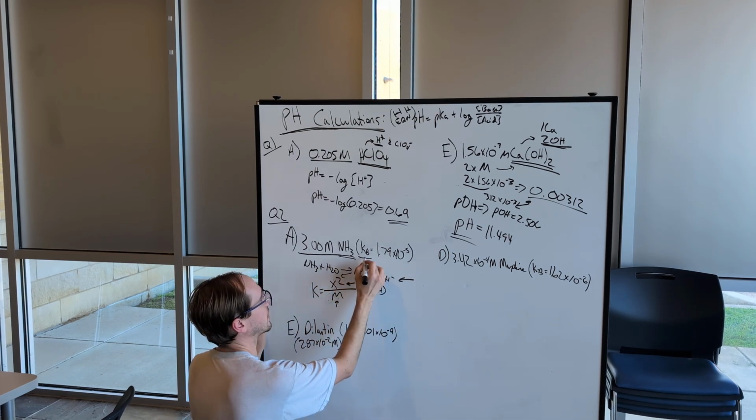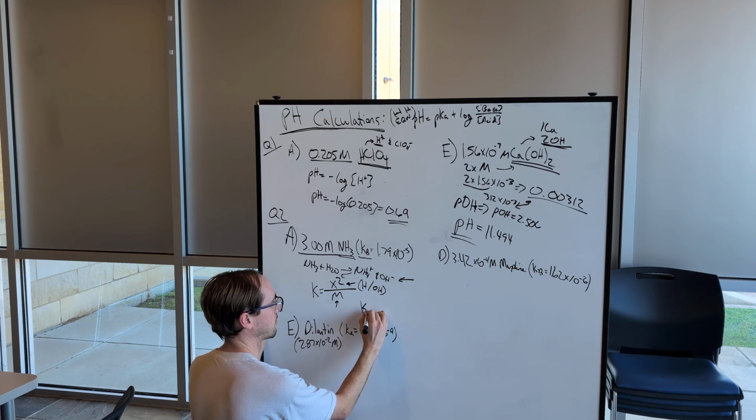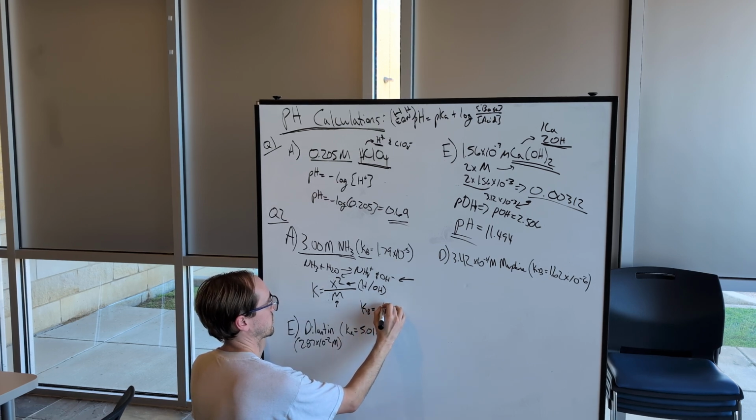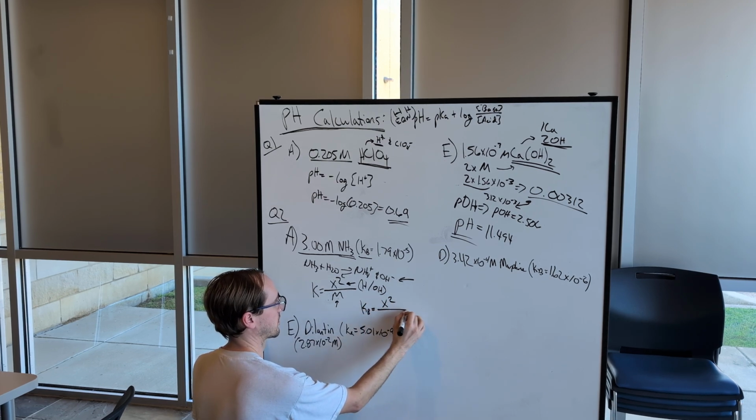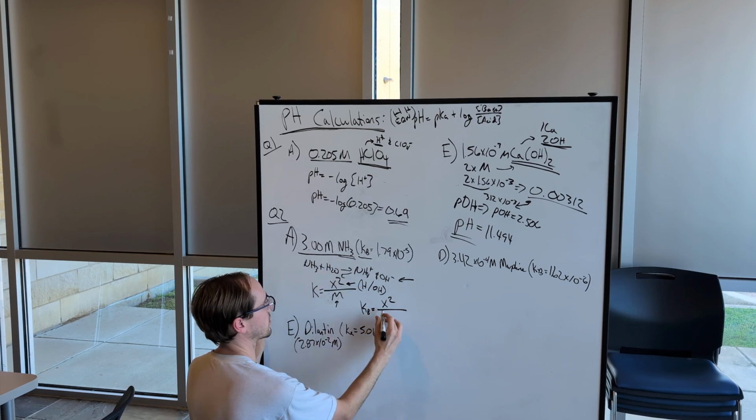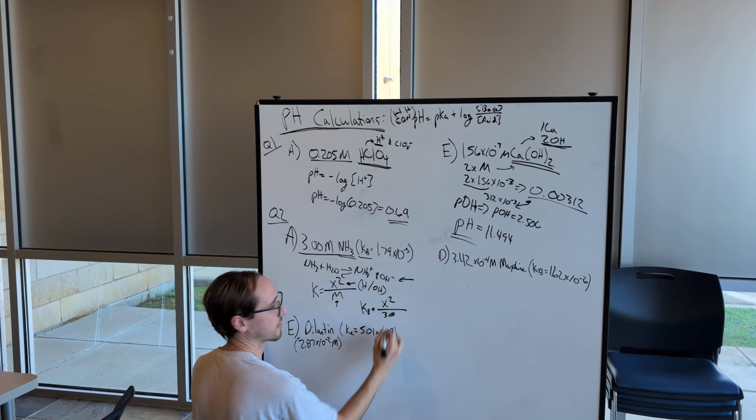So for this one, we're looking at Kb, so we would say Kb is equal to x squared over the concentration, which is 3.00.